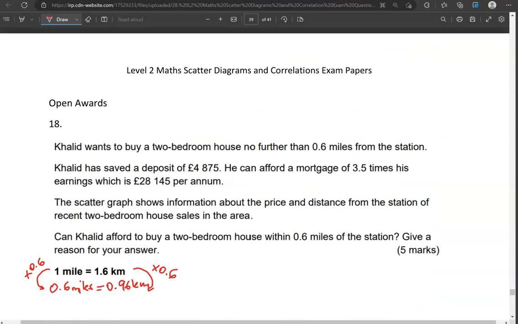And what can he afford? He has a deposit of 4,875 already, and he can afford a mortgage of 3.5 times his earnings.